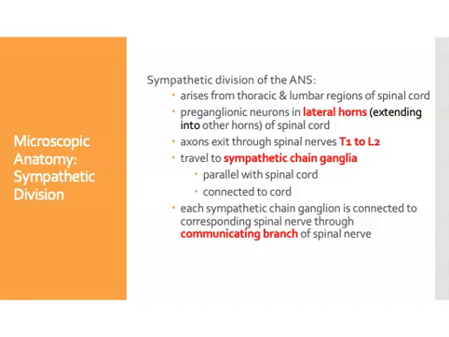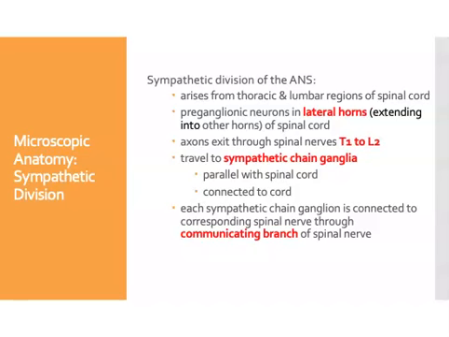cord. The axons that are coming off of those neuron cell bodies are going to exit the spinal cord through spinal nerves T1 to L2. So not all the way through the lumbar region, but only part of the way. Those axons are going to travel a relatively short distance to hit the ganglia, the peripheral nervous system ganglia.